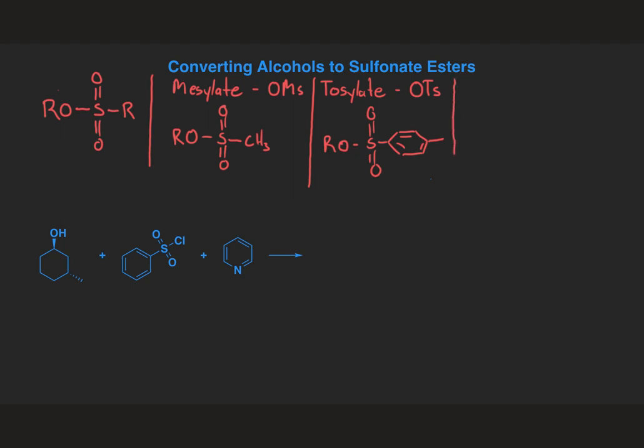And the last one that's fairly common is a triflate, which is often abbreviated OTF. And in a triflate, the R group is a trifluoromethyl substituent. Of these 3, the triflate is probably the best leaving group.